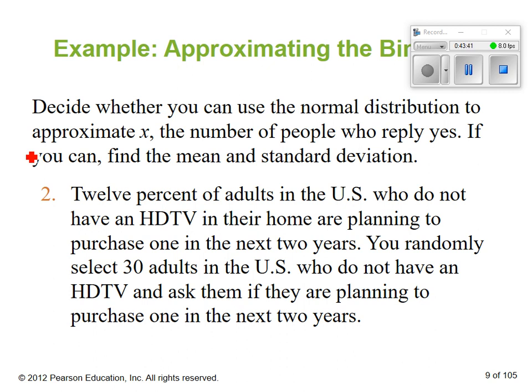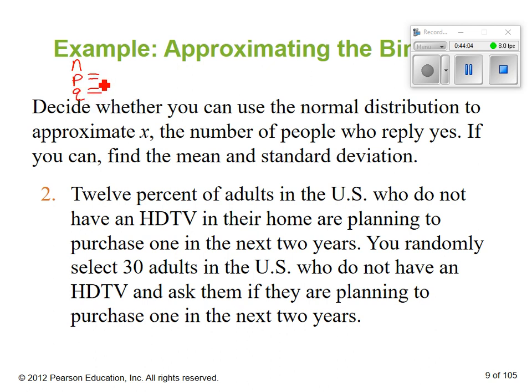12% of adults in the U.S. who do not have HDTV in their homes are planning on purchasing one in the next 2 years. You randomly select 30 adults in the U.S. who do not have it and ask them if they are planning on purchasing one in the next 2 years. We want to know, will this fit? Well, again, the first thing we need to find is n, p, and q.